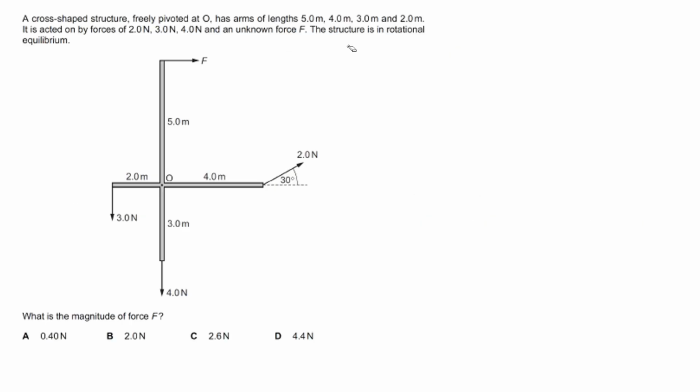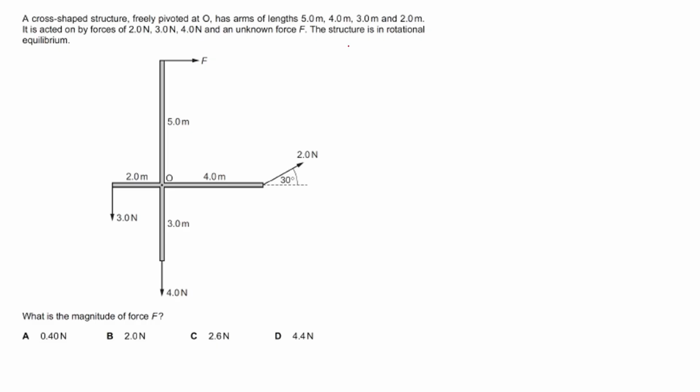A cross-shaped structure freely pivoted at O has arms of length 5.0 m, 4.0 m, 3.0 m, and 2.0 m. It is acted on by forces 2.0 N, 3.0 N, 4.0 N, and an unknown force F. The structure is in rotational equilibrium.